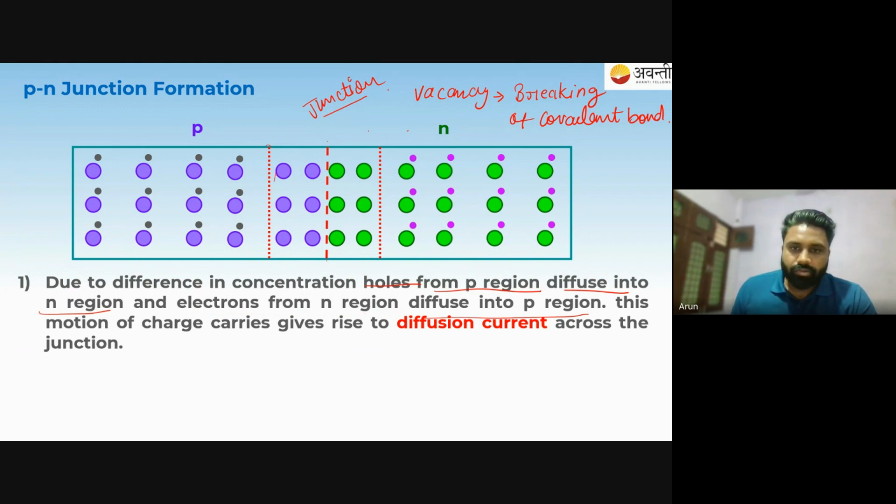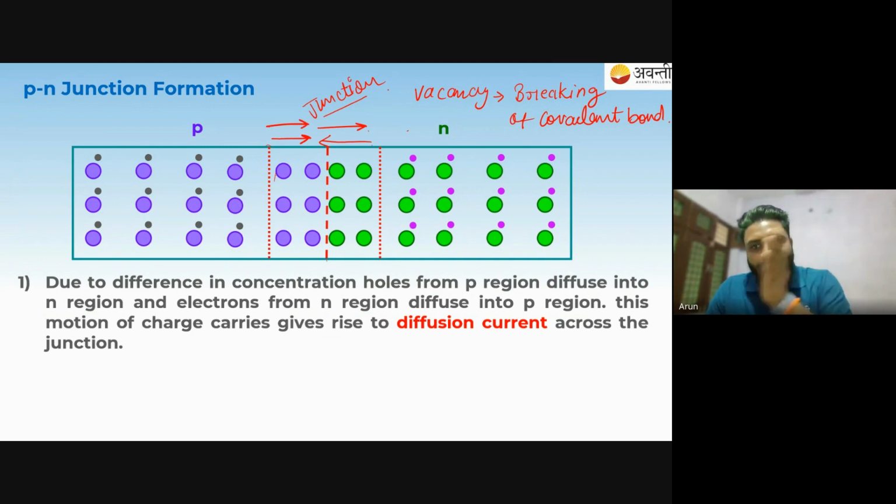Because electron is moving from here to here, a current will form here to here. This hole is moving this side to this side, so a current will also form in the direction of the hole, because current is always in the direction of the positive charge carrier.